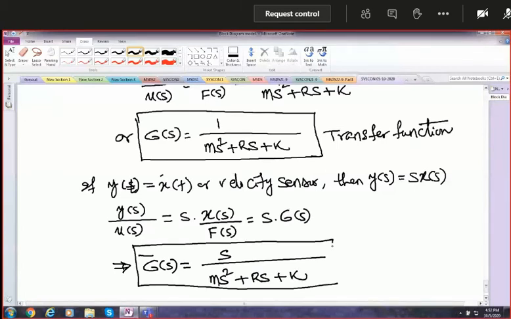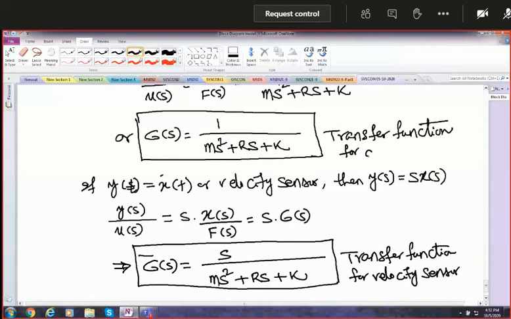This is again a transfer function for velocity sensor, or displacement sensor.